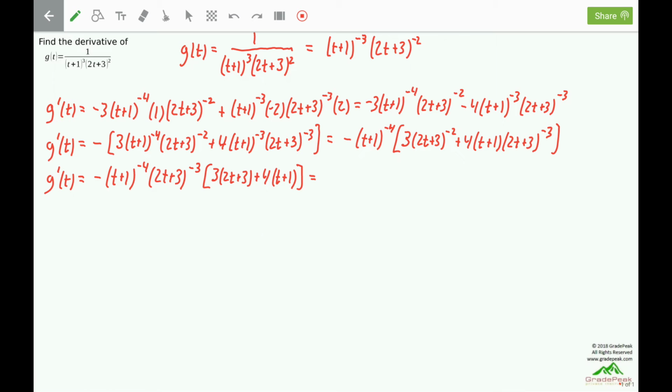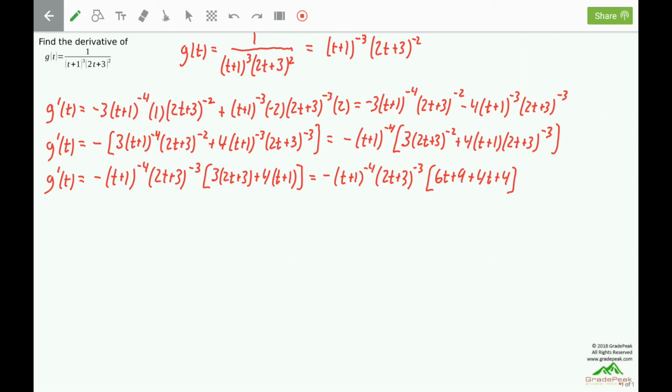In our next step, I'm going to distribute the 3 and the 4. So I have negative t plus 1 to the negative 4, 2t plus 3 to the negative 3. Distributing, I will have a 6t plus 9 plus a 4t plus 4.